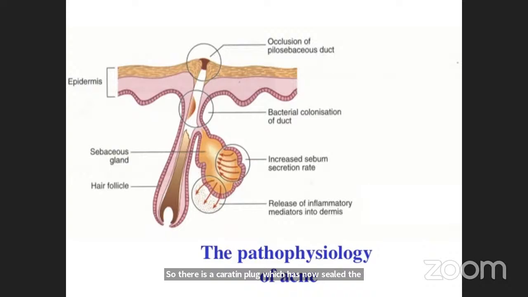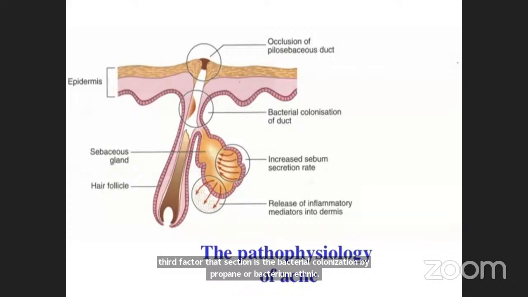The second pathophysiological factor is that in these children, the oil secretion is abnormal in its quantity and even in its composition. So their sebaceous glands secrete excess sebum, and the proportion of fatty acids in the sebum is also not normal. The third factor that sets in is the bacterial colonization by Propionibacterium acnes.